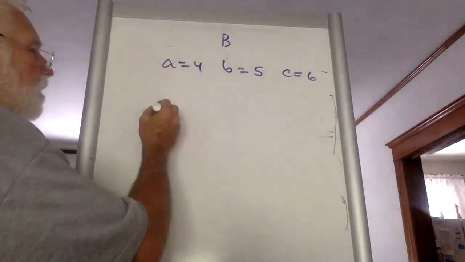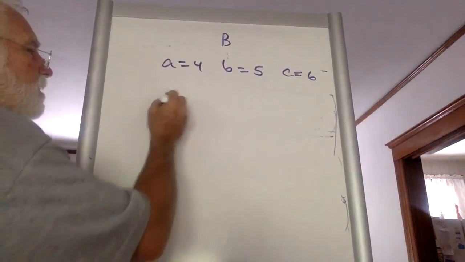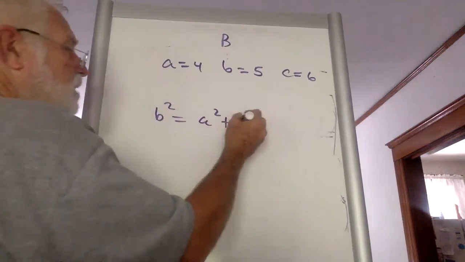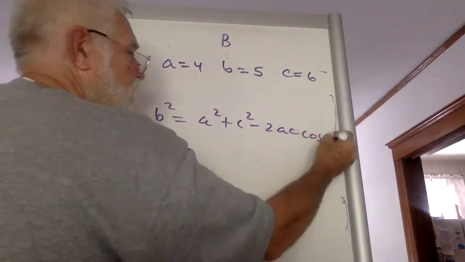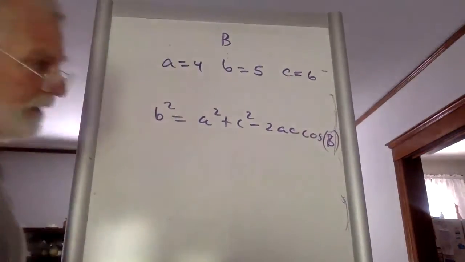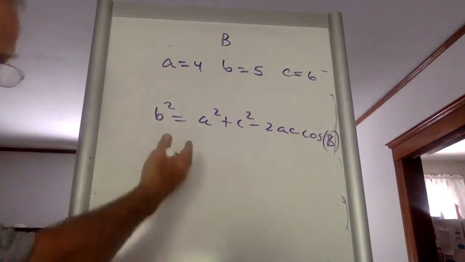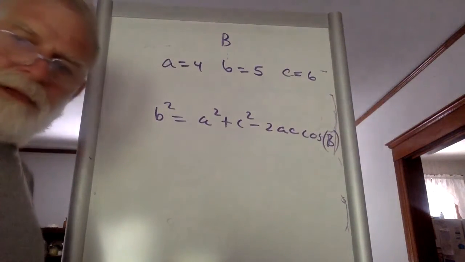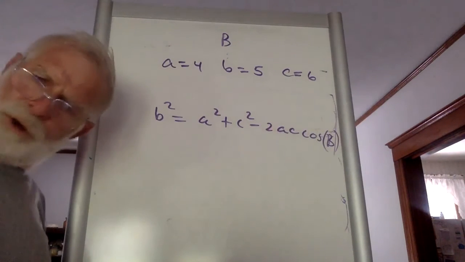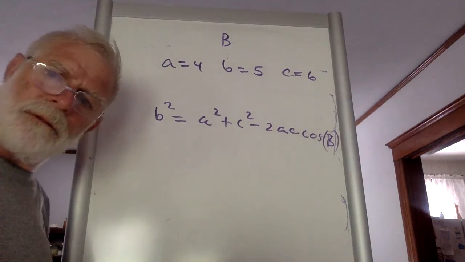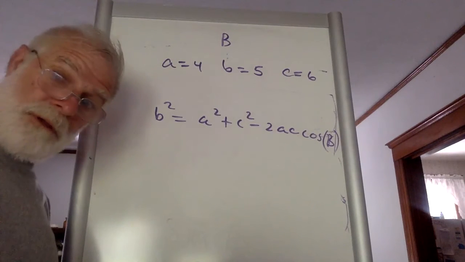So I want B. I know B squared is equal to A squared plus C squared minus 2AC cosine B. You may not have known that because I hadn't put it up there yet, but now I have. Does it look like there's a pattern here? Yes. Is there a pattern for person, woman, man, camera, TV?